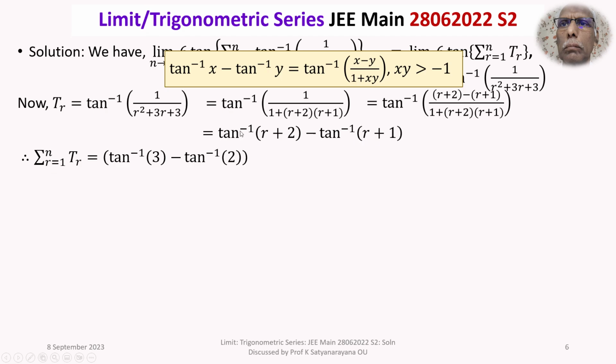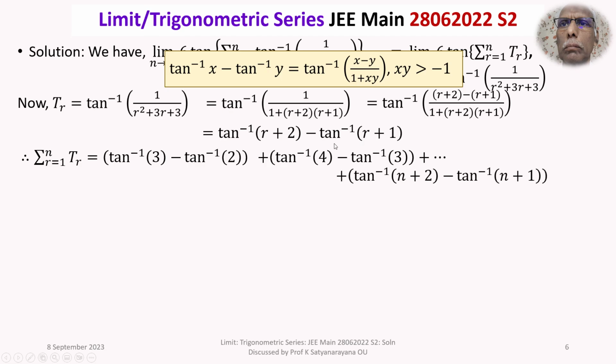When r is 2, tan inverse 4 minus tan inverse 3. When r is 3, tan inverse 5 minus tan inverse 4, and so on. When r is n, it is tan inverse of n plus 2 minus tan inverse of n plus 1.